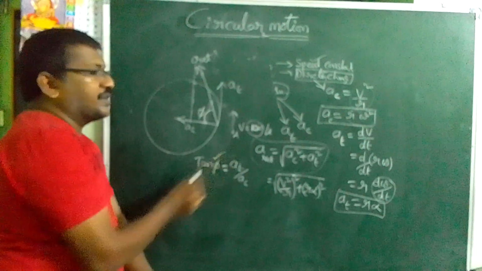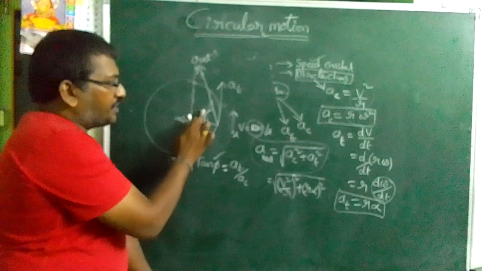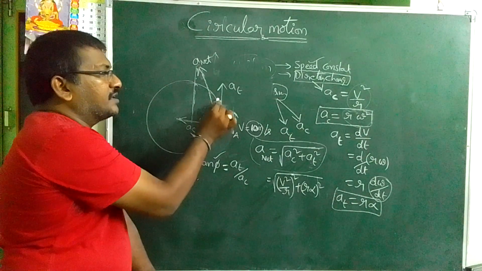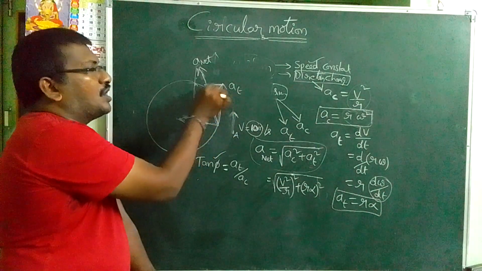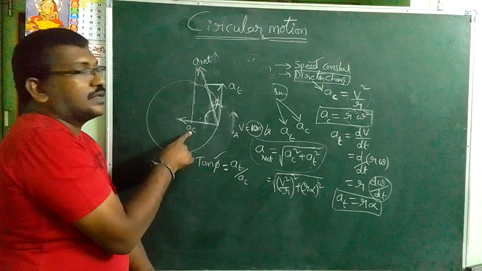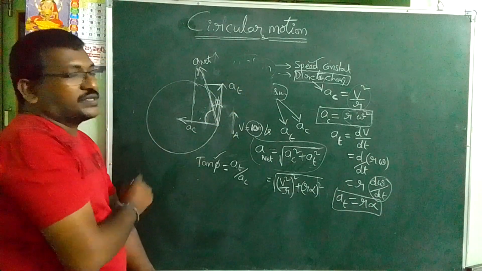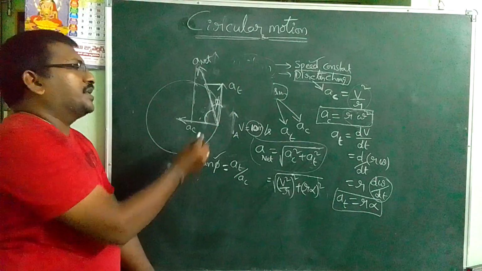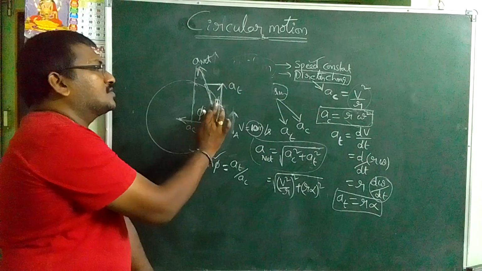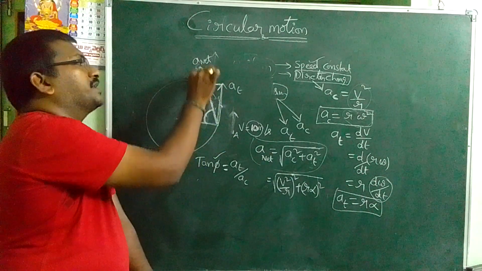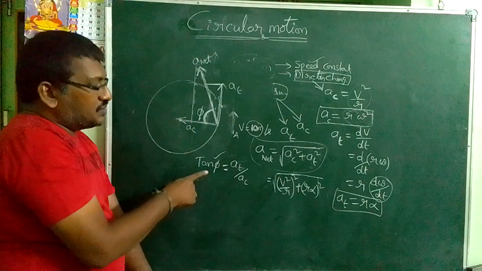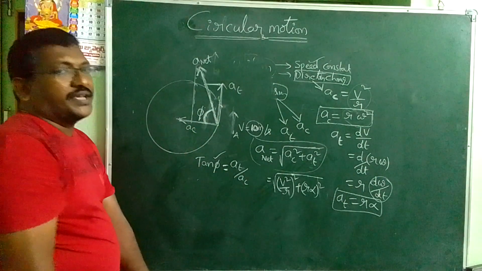Then you get the phi value. For example, when you take phi at the other place, from this triangle tan phi is opposite by adjacent, AC by AT. It is better to take the angle here, because the resultant makes an angle with the horizontal. So tan phi is equal to AT by AC.